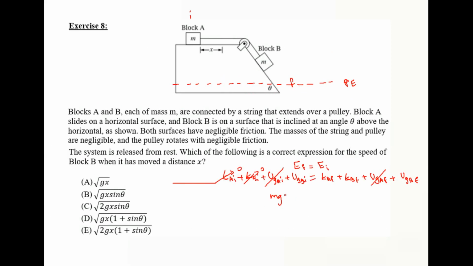So that would be mg x sine theta, which is equal to the final kinetic energy of A, given by half mv squared.